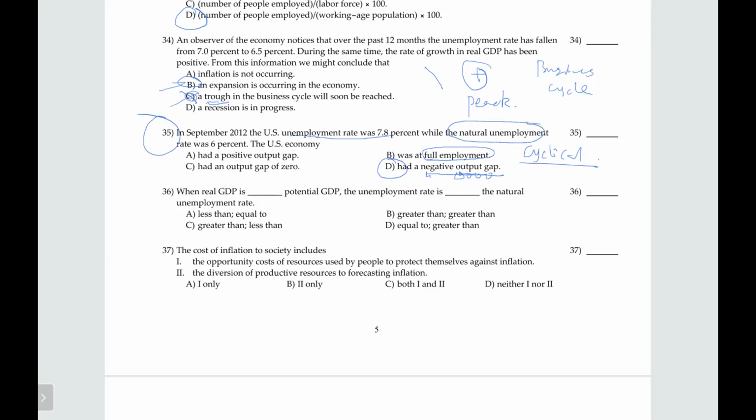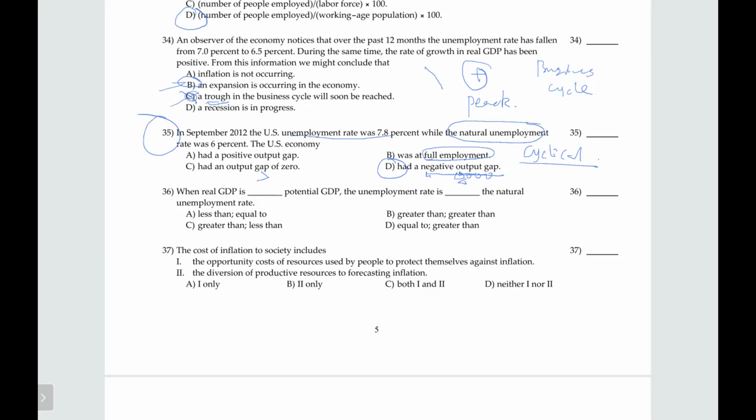Now 36: when real GDP is, and then unemployment rate is... Let's just ignore those options. There are two ways to fill this blank. If real GDP is greater than potential GDP, then unemployment rate is less than natural unemployment rate.